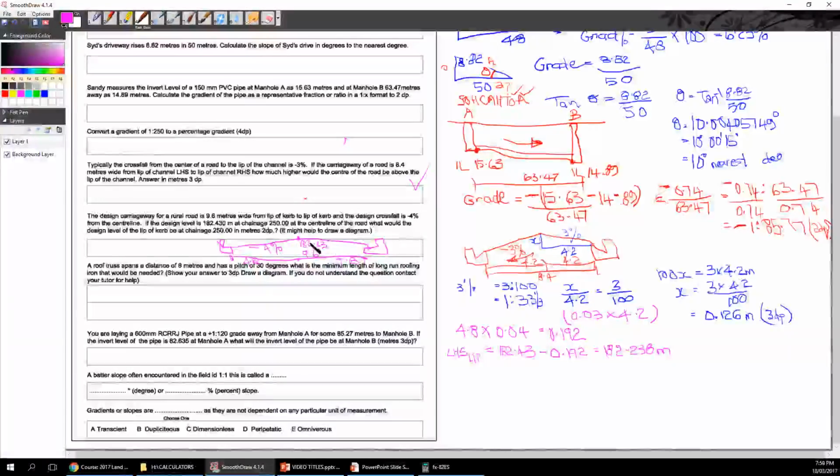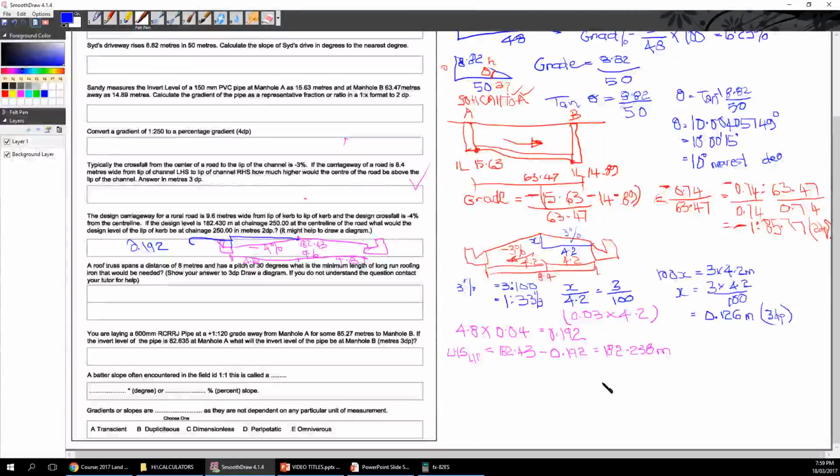So it's just this little distance in here, 0.192. Okay, now what have we got now?